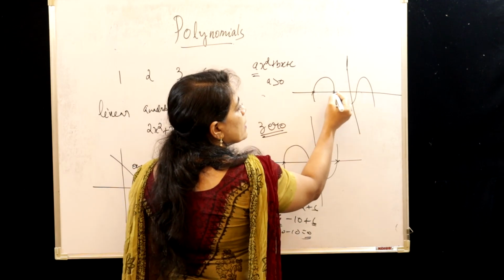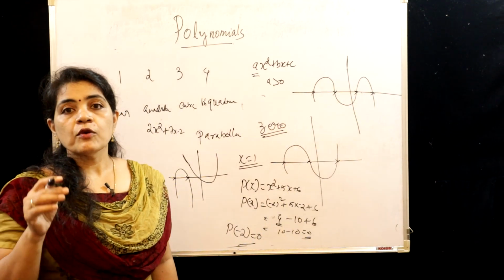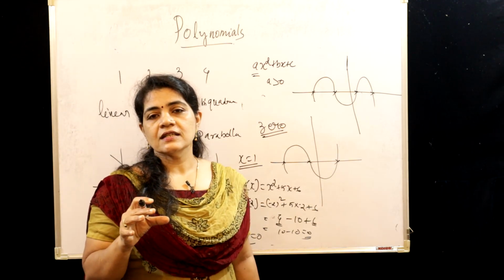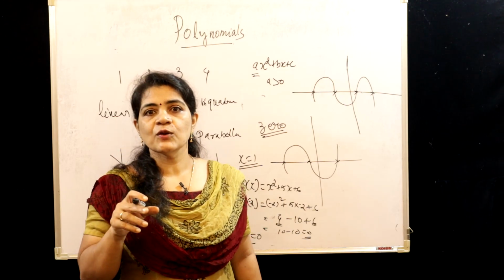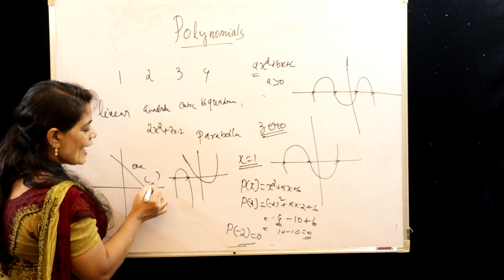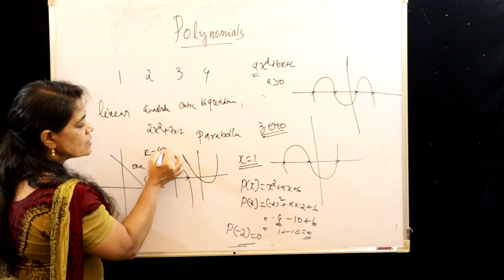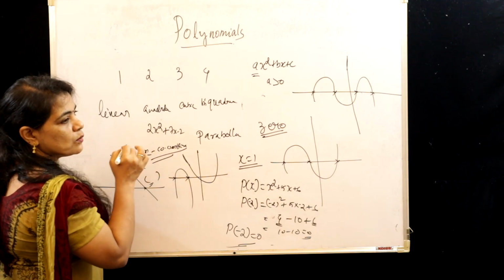Here a biquadratic has 4 zeros. That is the number of places the graph is intersecting the x-axis, and in order to write exactly that zero, write down the coordinates of this point, and its x-coordinate will give you the zero.